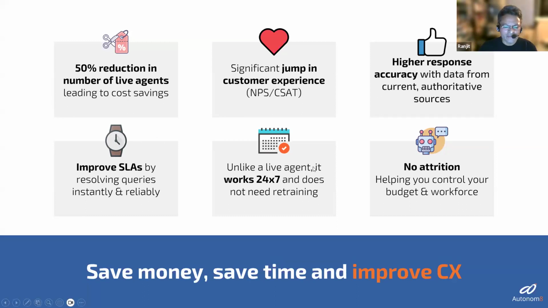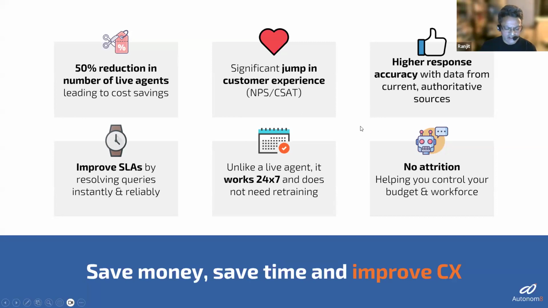So if you look at the benefits that email automation provides, you get a significant reduction. And these are data that we've gathered from our customers. You can easily get a 50% reduction in the number of live agents in a customer support email automation scenario. Because of the responsiveness and the 24/7 nature of automation, you get a significant boost in customer experience.